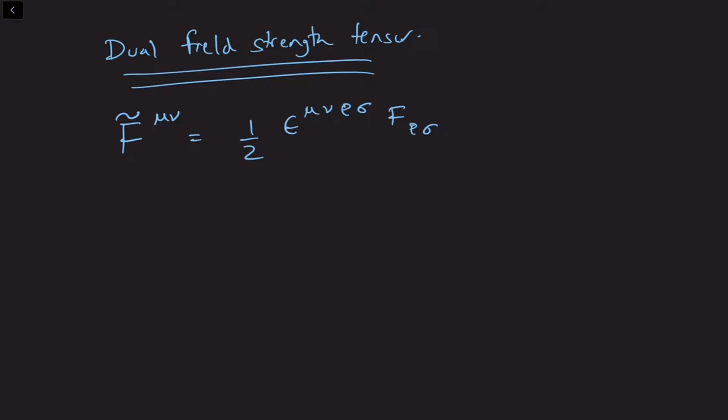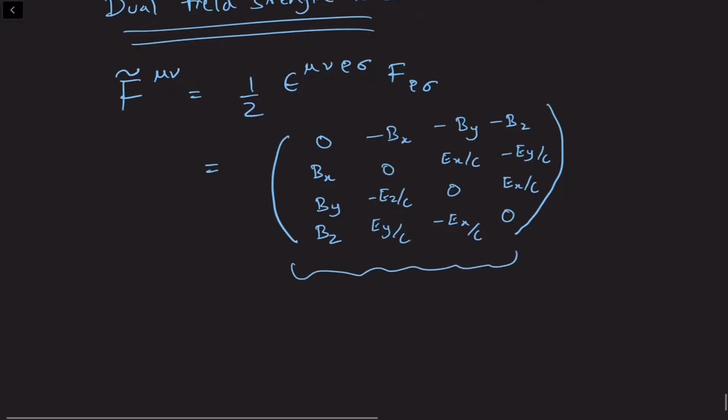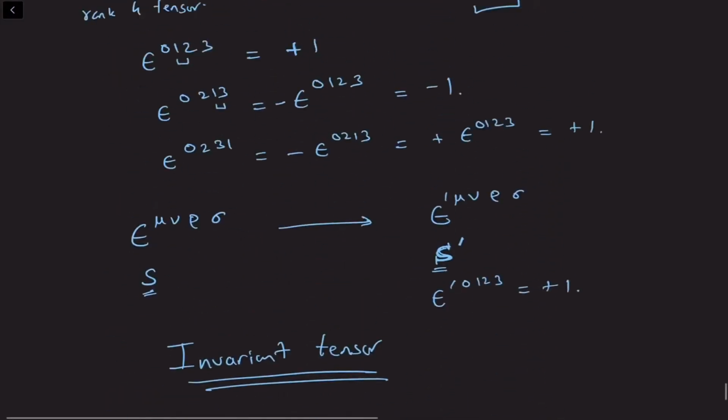Okay. And in matrix notation, we could work out what this is, and we would get something that looks like this. So you can see that this dual field strength tensor exchanges the locations of electric and magnetic fields inside the tensor.